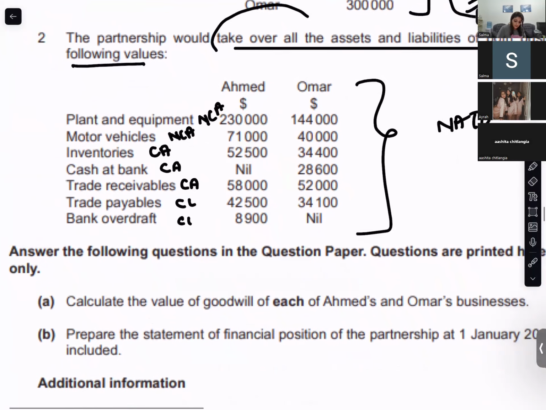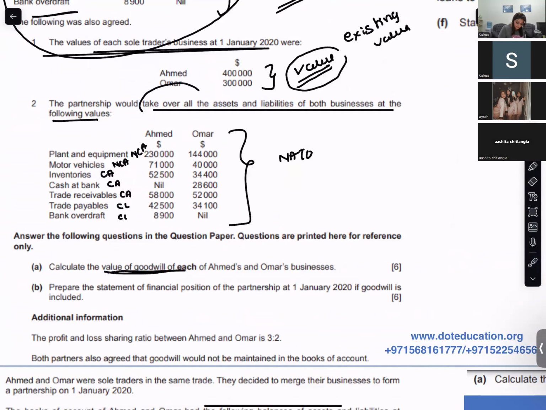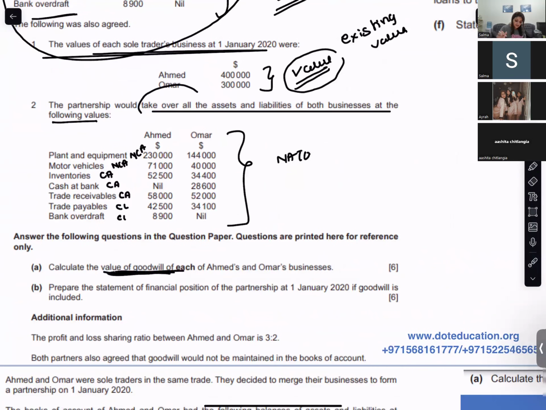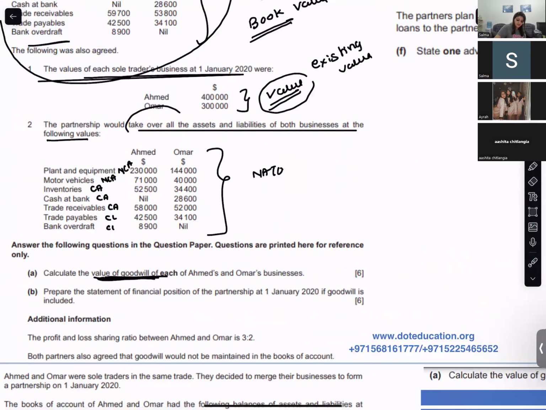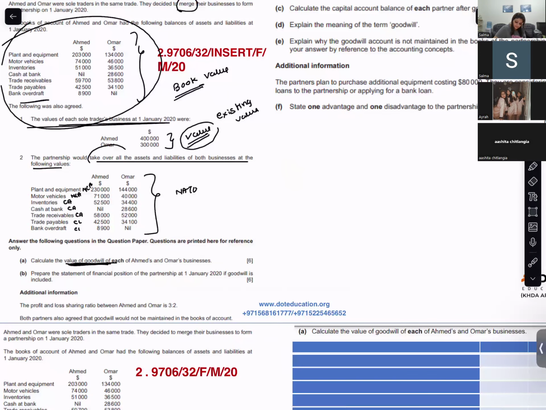So what do they want us to find? The value of goodwill for each of them. Ashita, can you help me? How do I find the value of goodwill with the given information? So you have to do non-current assets. Which one will you take, this one or this one? The lower one, the value at which you've taken it over.